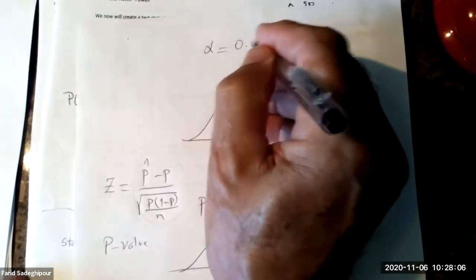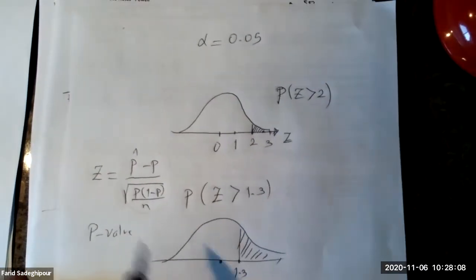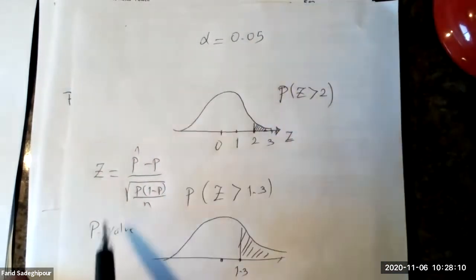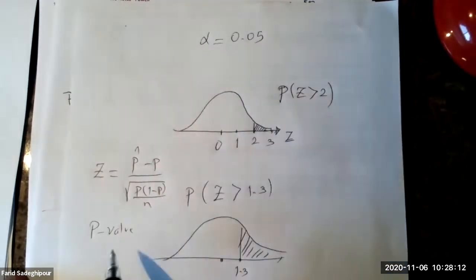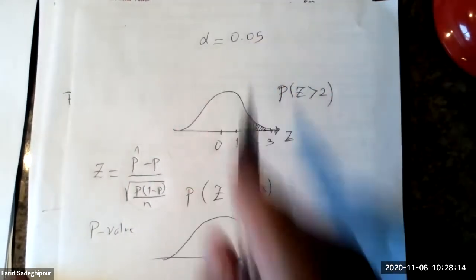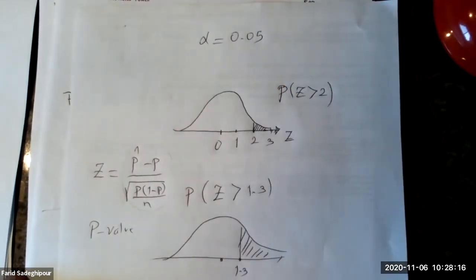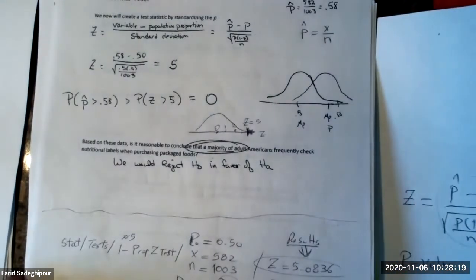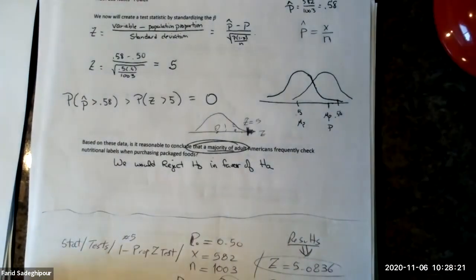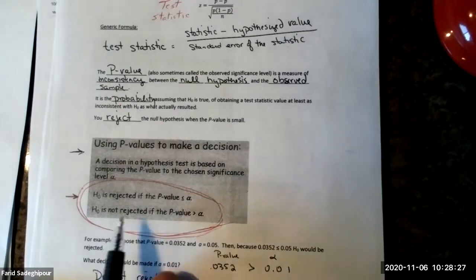We normally give you the alpha in the problem. Let's say alpha is 0.05. You always compare this p-value with this alpha. If this p-value is less than this alpha, which is the case here because it's 0, then you reject H0. This is important to understand.